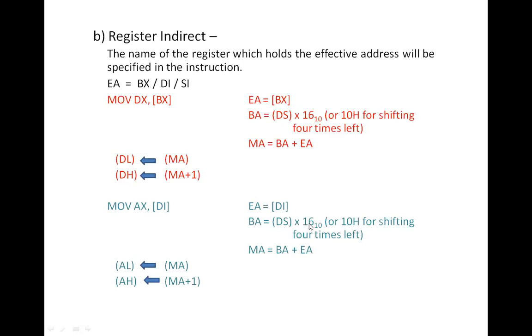It is shifted 4-bit left by multiplying by decimal 16, and then the modified base address is added with the effective address, which is the content of the destination index register. And then we are able to generate the memory address. The content of this memory address will be copied in the AL register, and the content of the next memory location will be copied in the AH register.